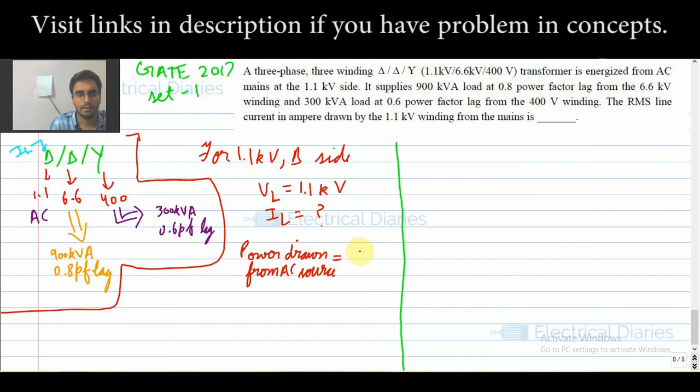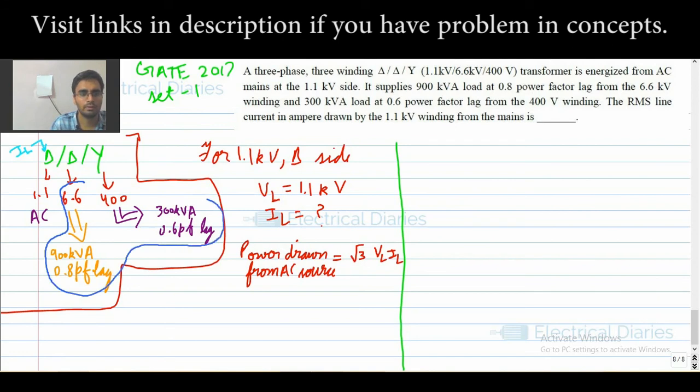can be written as root 3 VL IL. Here I know root 3 and VL. This is by default an ideal transformer, so the power drawn from the AC source will be the total sum of power required by these loads.